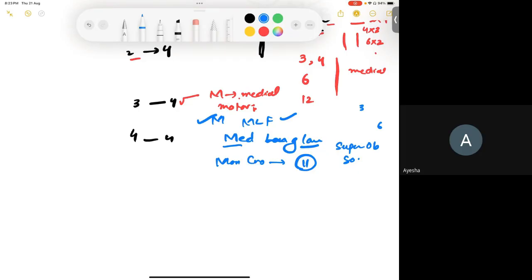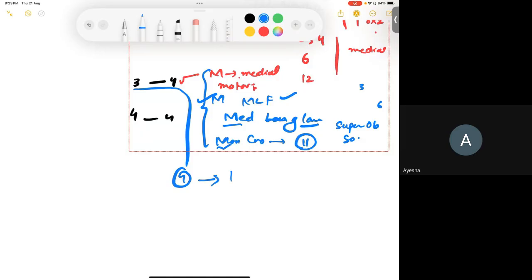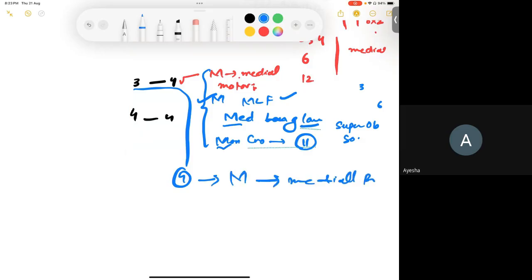The 10th, the 11th, and 12th. So all of the motor nuclei of these cranial nerves are going to be present in the medial aspect, right? They start with the letter M. So we have 4 points here as well. The third rule of 4 states that whatever starts with M would be present medially within the brainstem. Is it clear?